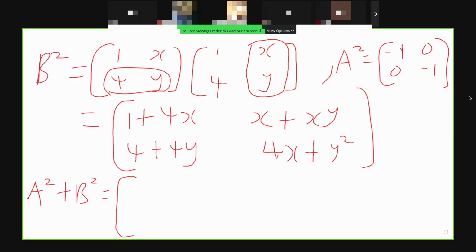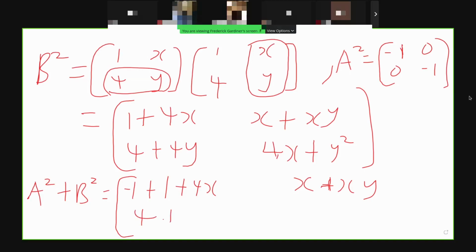You are adding it to now the first element in a squared, which is -1. Then I add it to the first element in b squared, 1 plus 4x. The second element in row 1 of a squared is 0. When I add it to the corresponding one in b squared, it will be x plus xy. Do you agree? When we come to the second row, I'll add 0 to 4 plus 4y.